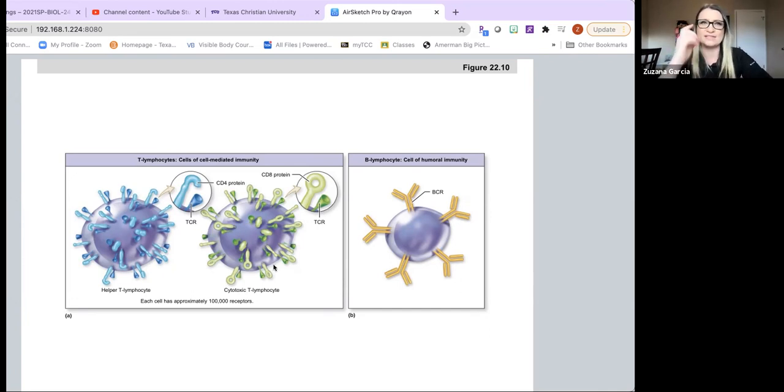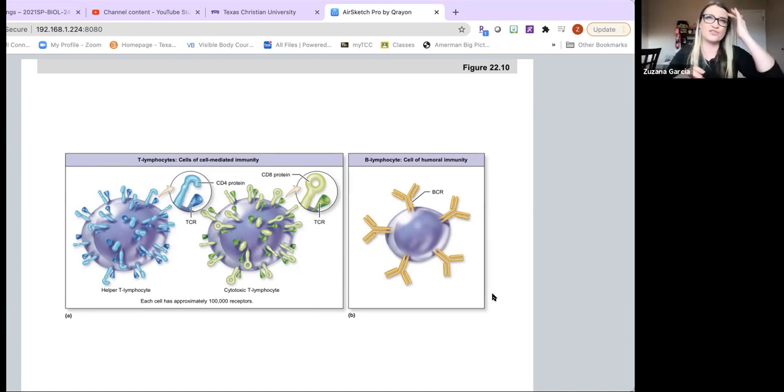The way that the cell interacts with an antigen depends on what kind of cell it is. T lymphocytes, even though they have this co-receptor and all that, are actually unable to recognize a foreign antigen or a pathogen on their own.